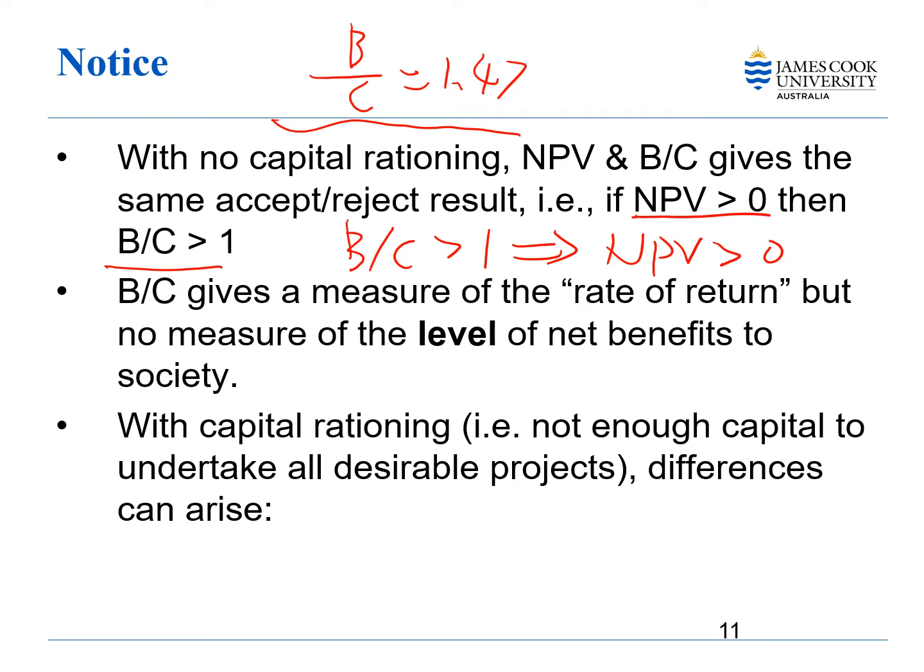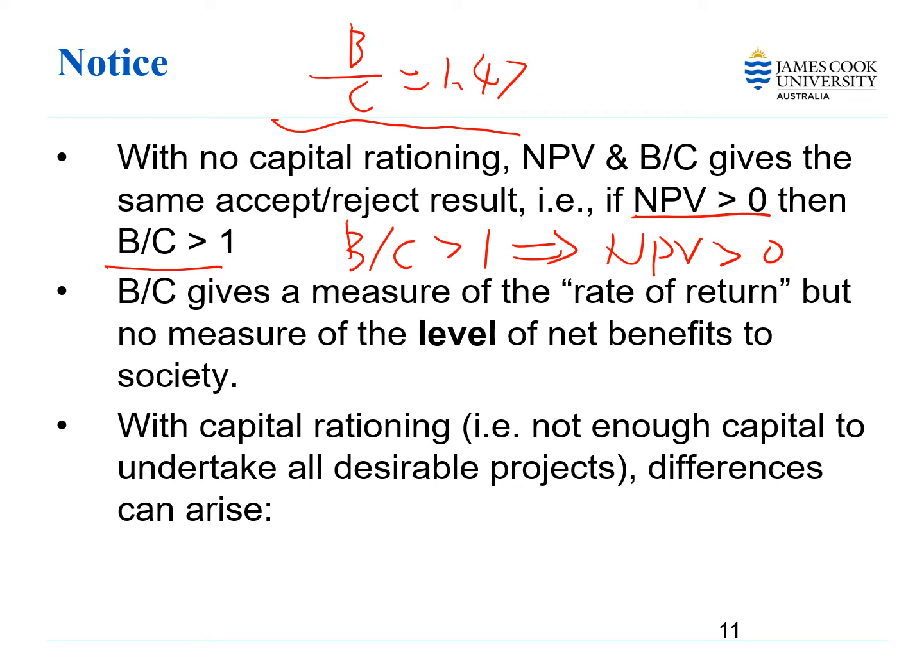In other words, if you invest $1 into this project, you get $1.47 back, and the implied rate of return from investing in this project is 47%.